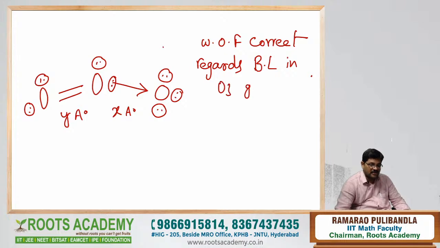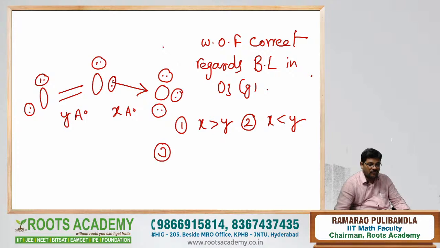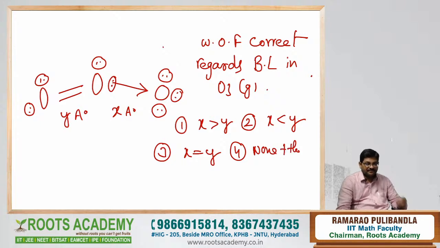The first option is X greater than Y, the second option X less than Y, the third option X is equal to Y, and the fourth option none of these. The options are given like this. This is ozone gas.